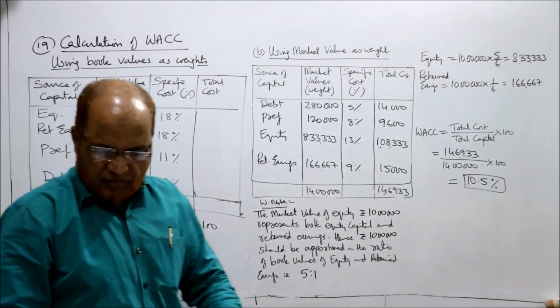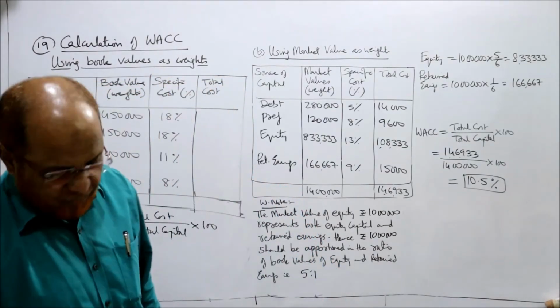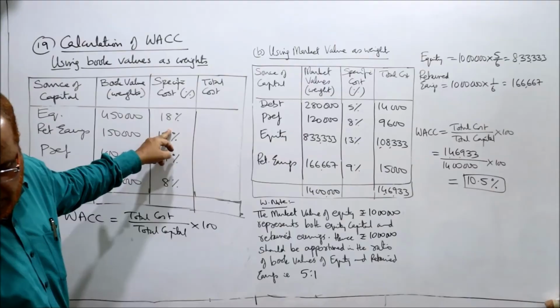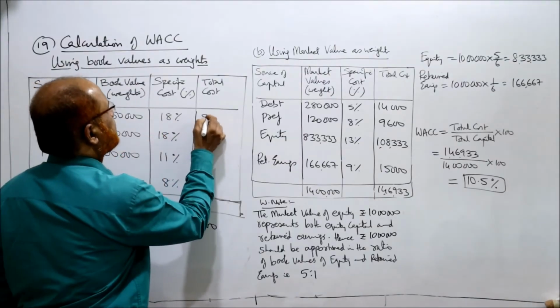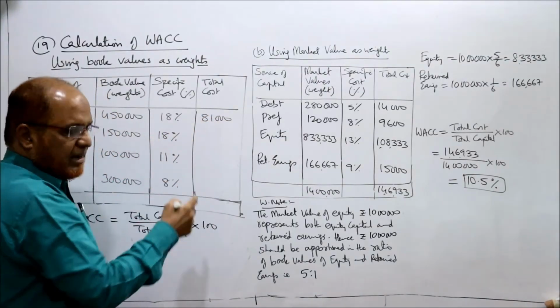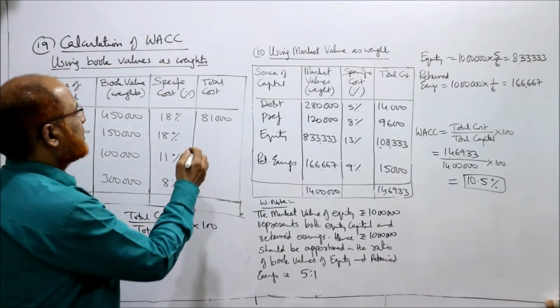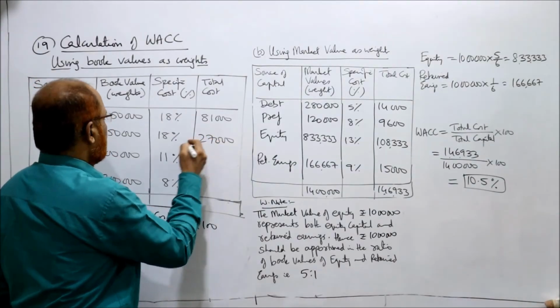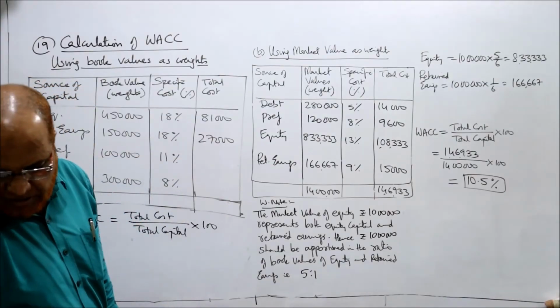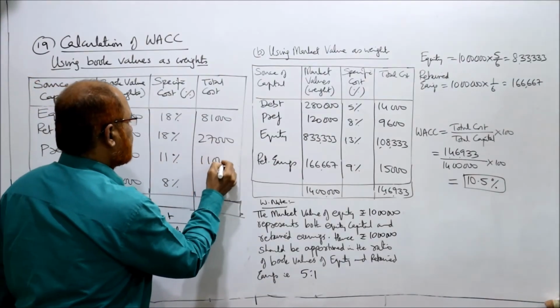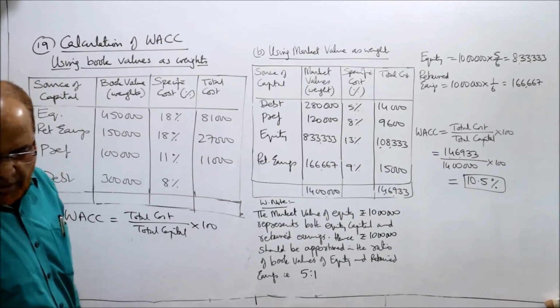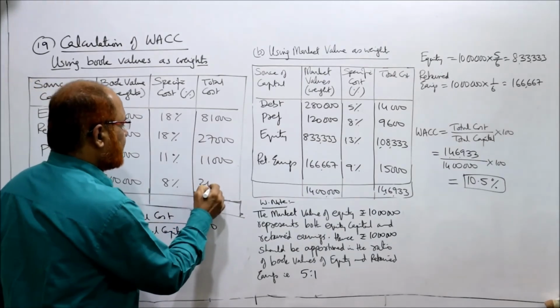That's it. Now we multiply 4,50,000 into 18%, you will get 81,000. Similarly, 1,50,000 into 18%, it is 27,000. Next one, 1 lakh into 11%, 11,000. Last one, 3 lakh into 8%, 24,000.